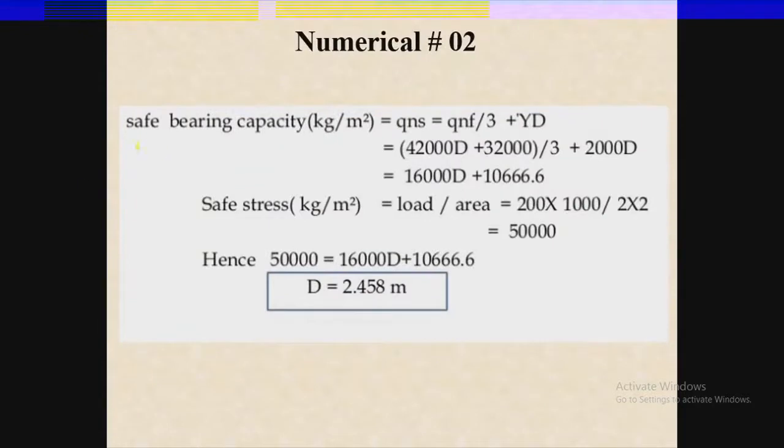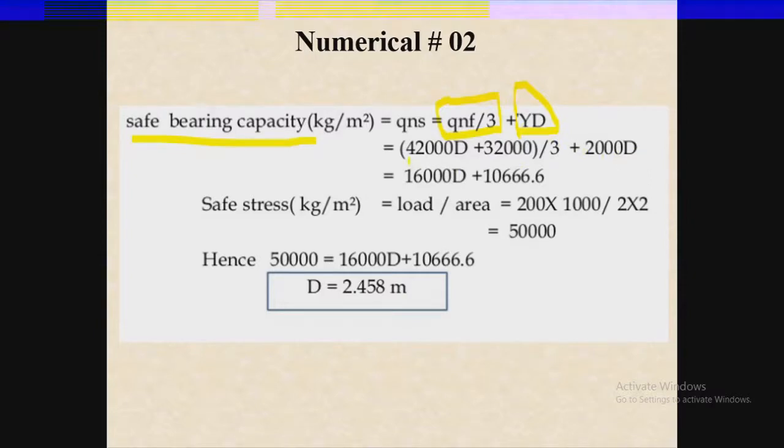Now let us convert this net ultimate bearing capacity into the gross safe bearing capacity. So we will add two things. We will divide the net ultimate bearing capacity by a factor of safety, which in this case I have taken as 3, and we will add the overburden pressure, gamma prime D. So (2000 D plus 32,000) is the value of q_nf or q_nu, divided by 3, plus gamma into D, where gamma is the unit weight of the soil.